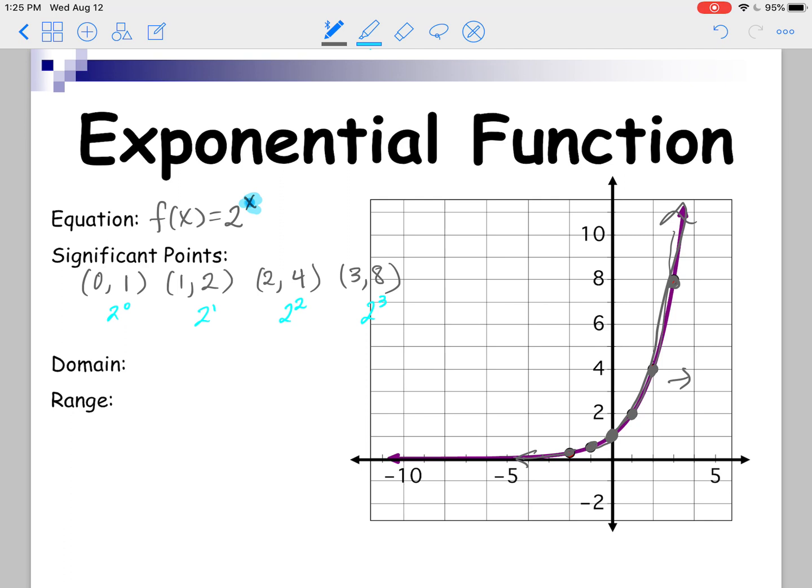And so we're going to get very, very, very small to where we're practically 0, but we're never actually going to get to 0. You can't plug in enough numbers to actually reach 0 by cutting in half. And so we have another horizontal asymptote for this function. Okay, and so I'm going to label this as a horizontal asymptote.